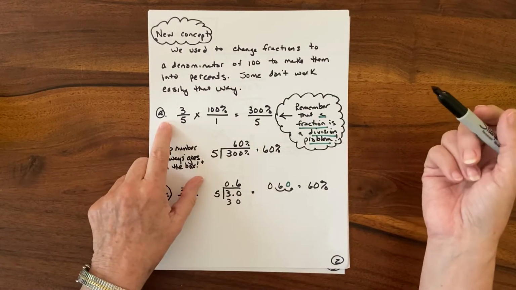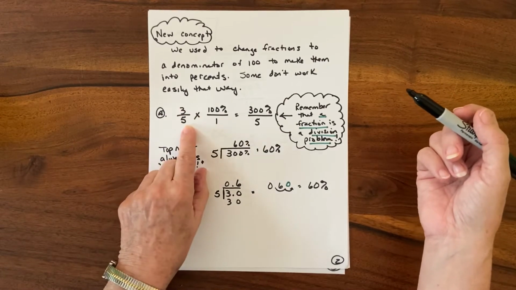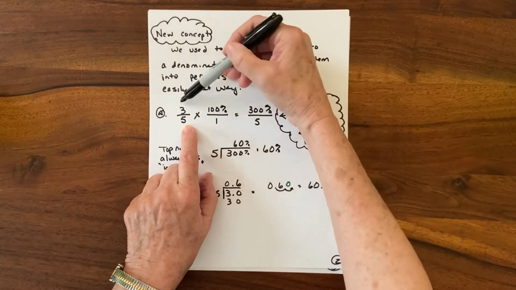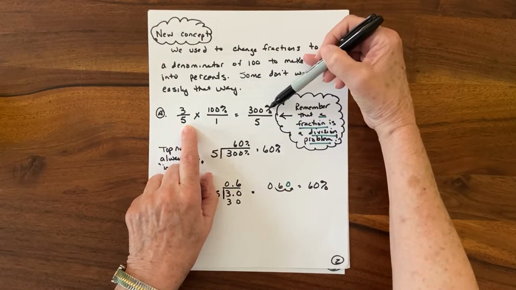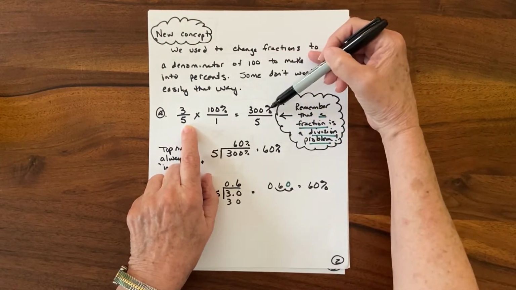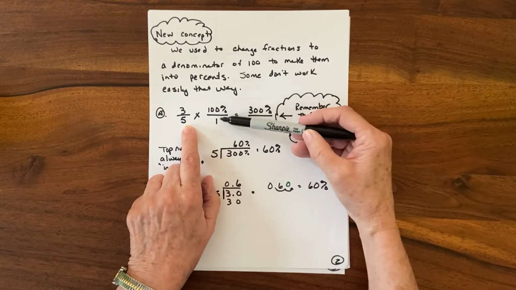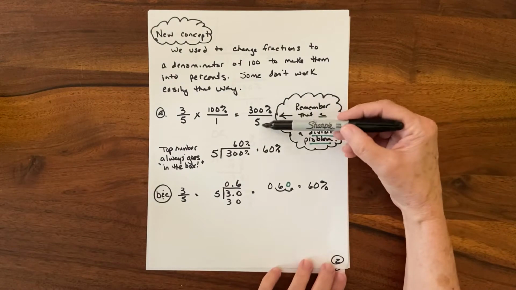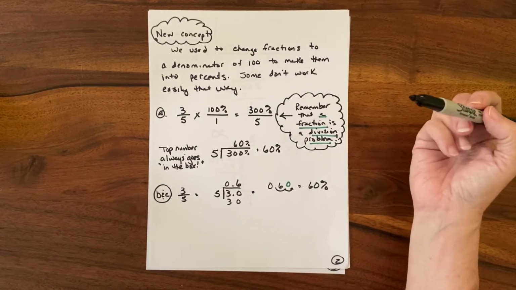So the book's method is, we're going to take that 3/5, multiply by 100%. So 3 times 100 is 300. I've got my percent sign, move that over. Remember, any number over 1 is the same thing. So 5 times 1 is 5. Well, that still doesn't really give us a percent, does it?